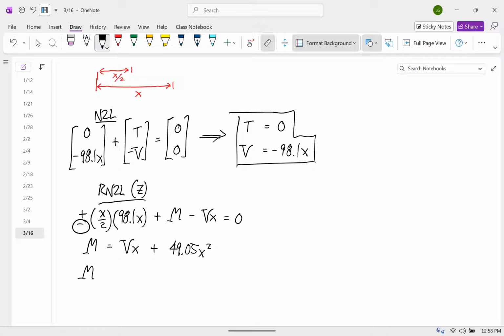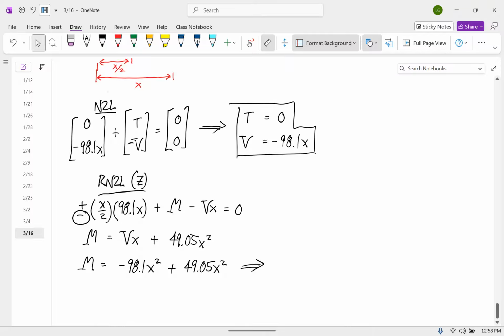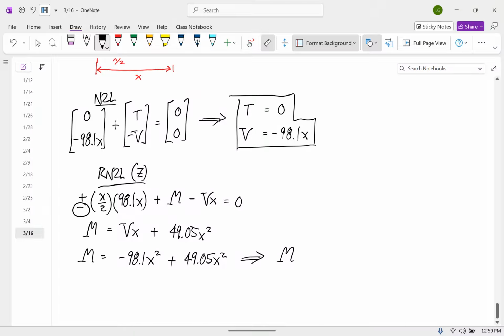So now if I plug in negative 98.1 x for v, we have m is equal to negative 98.1 x times another x, so that's squared, right? Plus 49.05 x squared. And so we can simplify this as m is equal to negative 49.05 x squared.